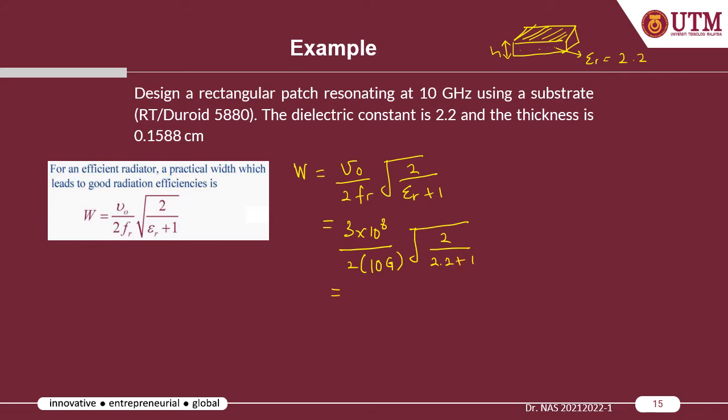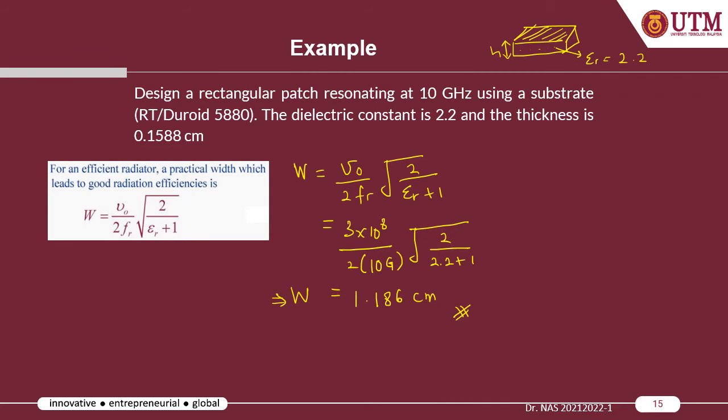So you should get the width W equal to 1.186 cm. Alright, so take note of the unit. If you use meter, then make sure it is in meter, or else use the conversion.